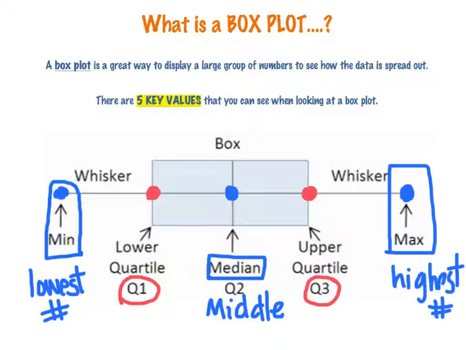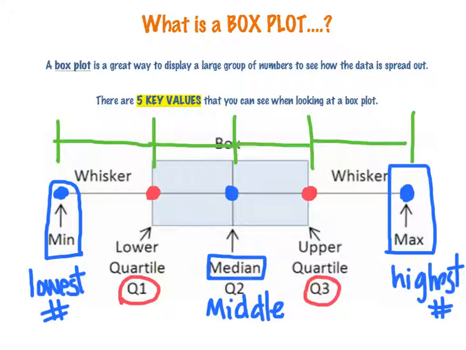Another thing that you might need to know, each one of these sections, if I were to make it into a whole, this is divided up into 4 equal parts. And if we divide a whole thing into 4 equal parts, that means each part is actually worth 25%.